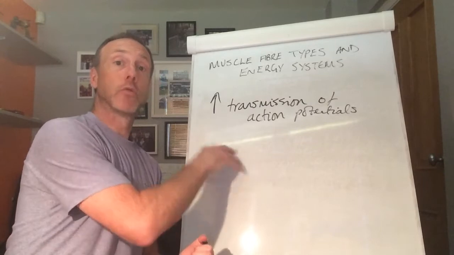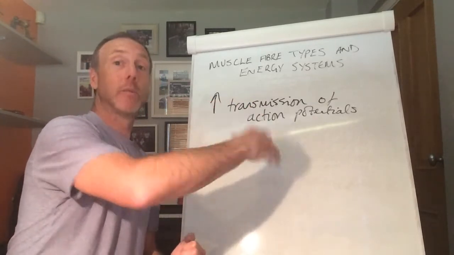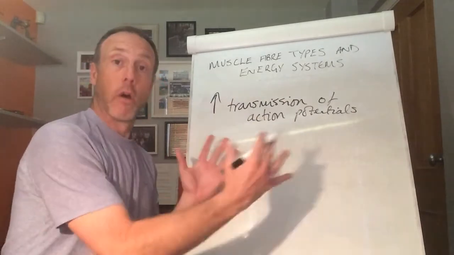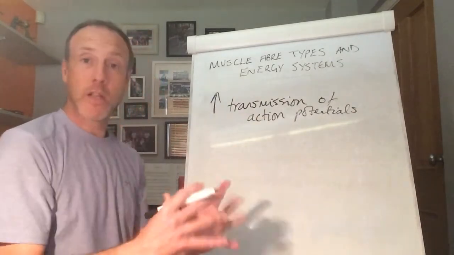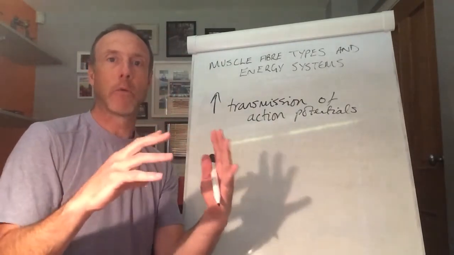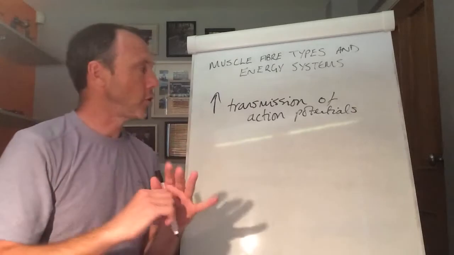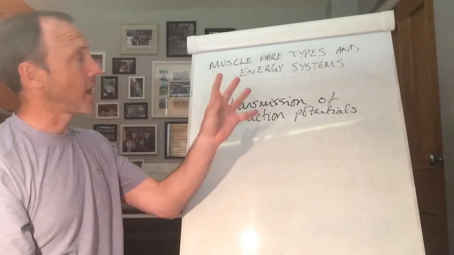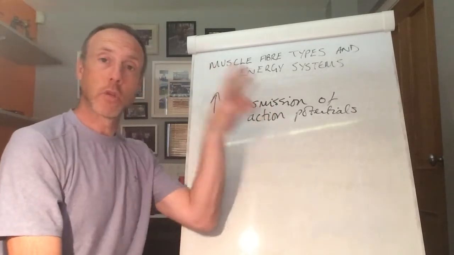If the action potentials add up to the firing threshold, then due to the all or nothing law, the whole motor unit is fired. And you imagine now a motor unit which is densely packed with muscle fibres, being such a large motor unit, is going to produce a very powerful contraction. So we need to consider how the energy systems support that.